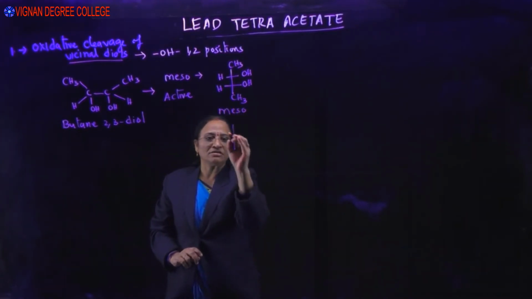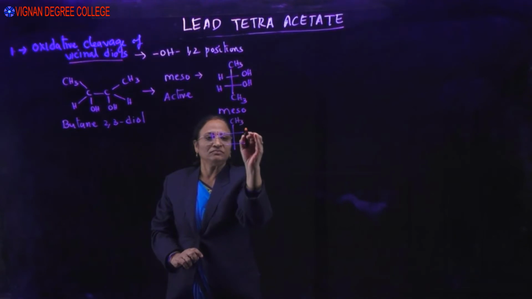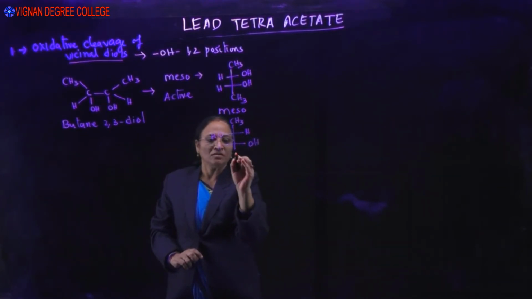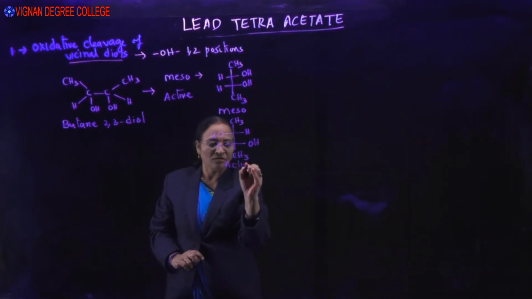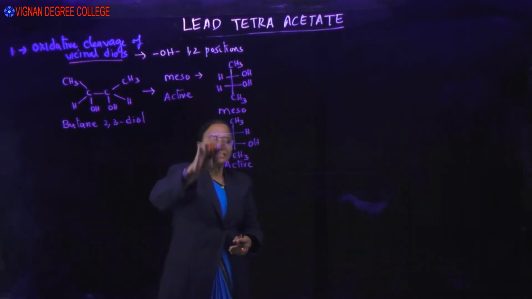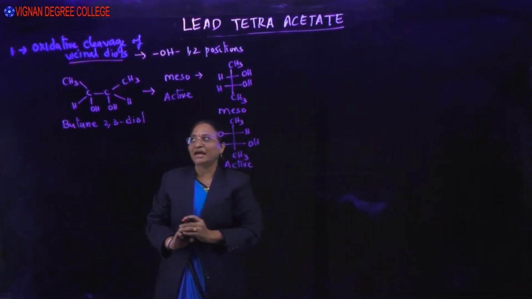If the hydroxy groups are on opposite sides, this is called the active form of butane 2,3-diol. Both are vicinal diols.